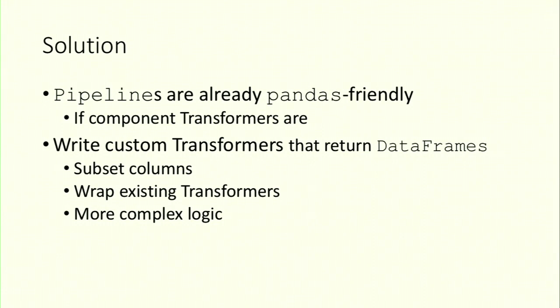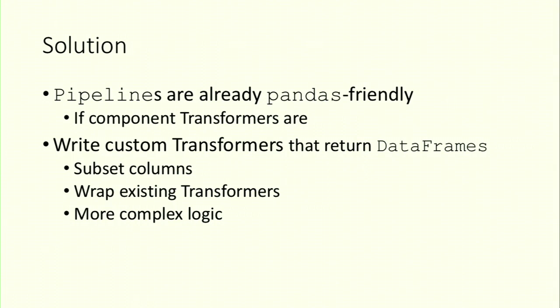So unsurprisingly, the solution is custom transformers. And the key here is pipelines are already pandas friendly, meaning they will take a data frame and return a data frame if all of its component transformers are. So we just have to write a bunch of custom transformers that return data frames, and then we can stay in pandas land for the whole machine learning process.